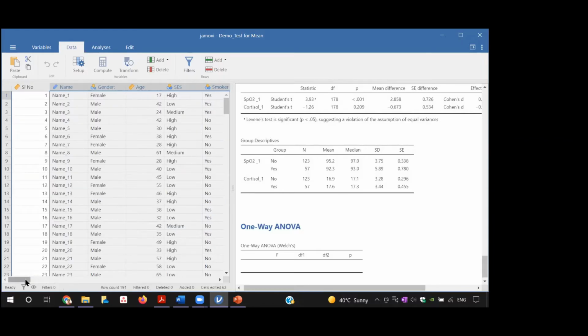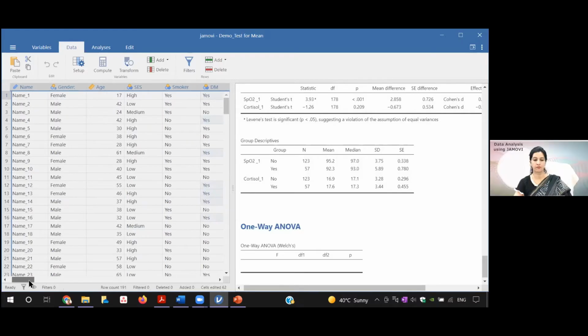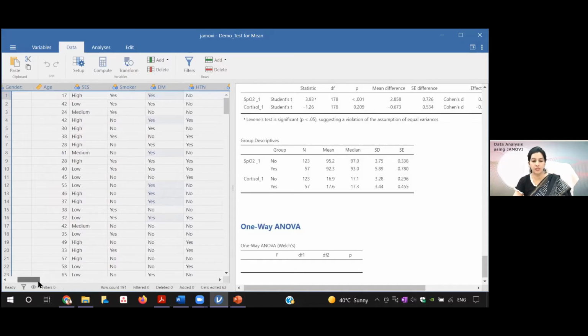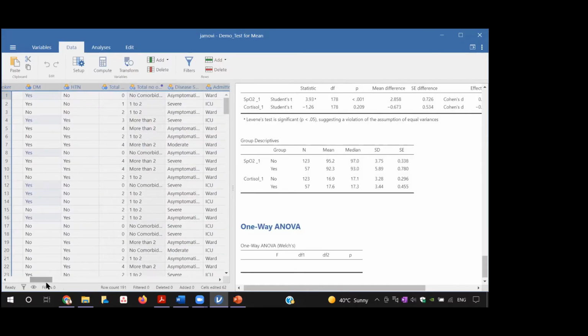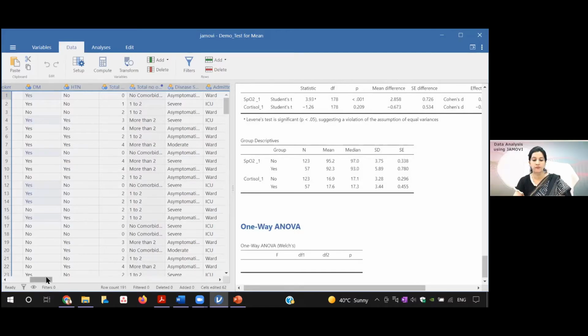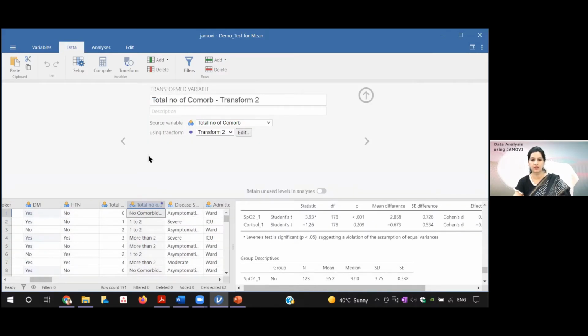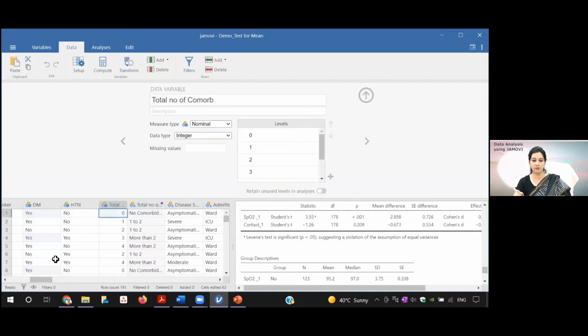Ma'am, I think it will be disease severity. Disease severity, let me check because there are 2 variables with this name. Or maybe total number of comorbidities also. We have 3 levels there. No comorbidity. That's right. More than 2. No, let me double check. No, this is the transformed one.